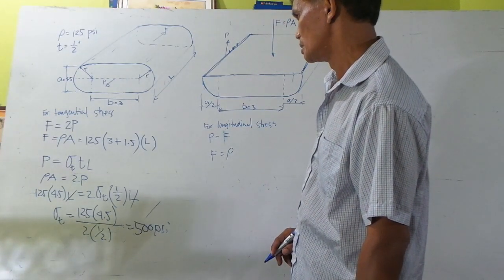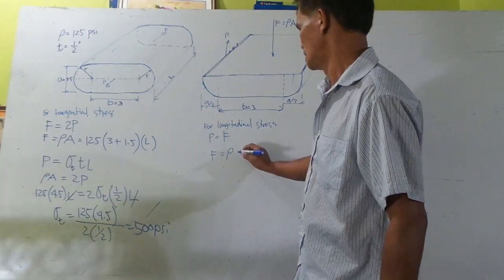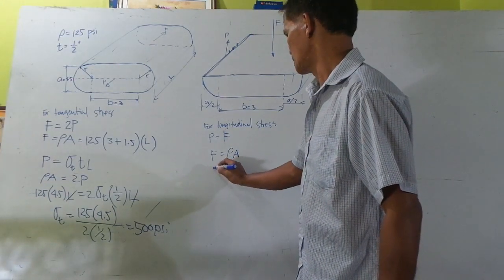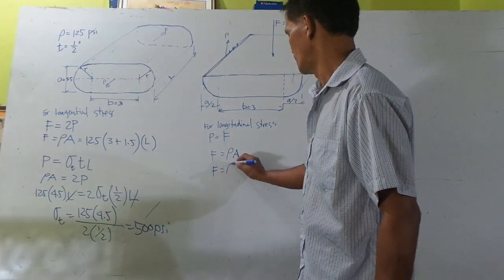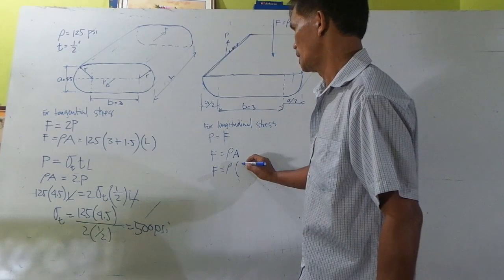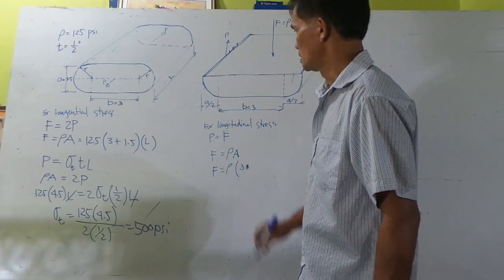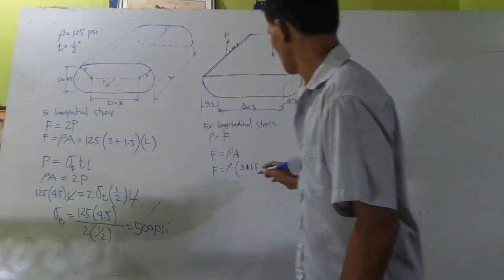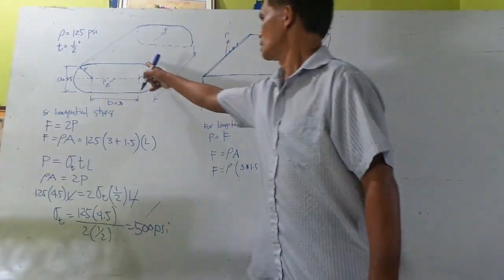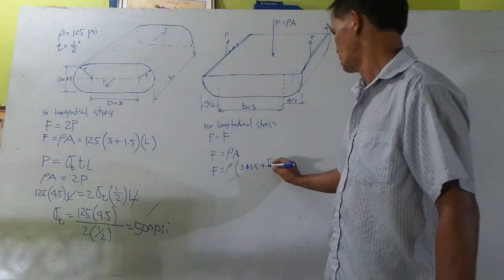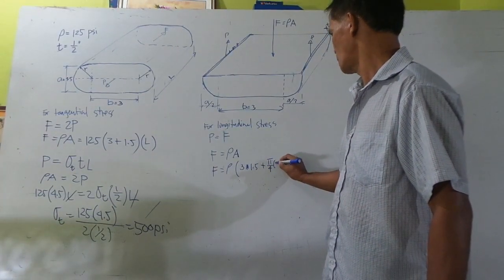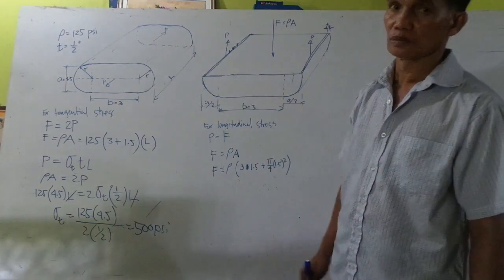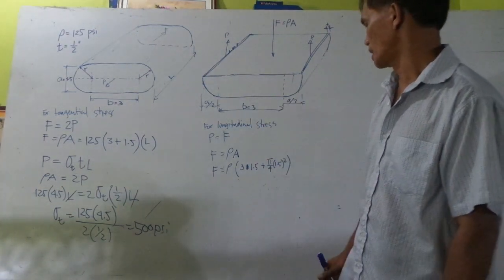That area is 3 times 1.5, plus the area of the two half circles, which is one whole circle, pi over 4 times 1.5 squared.